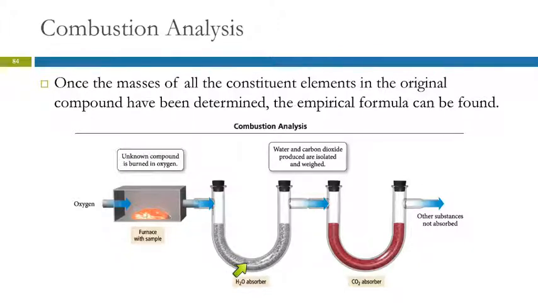So this tube is weighed before the combustion analysis, and then it's weighed after, and it will be heavier because it absorbs all of the water produced from the combustion. After it goes through there, it goes through another tube containing a CO2 absorber that will absorb all the CO2. The extra oxygen and anything else will go through and just be gone. Okay?